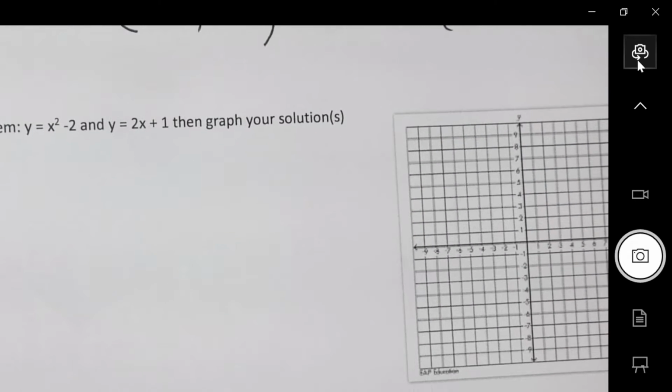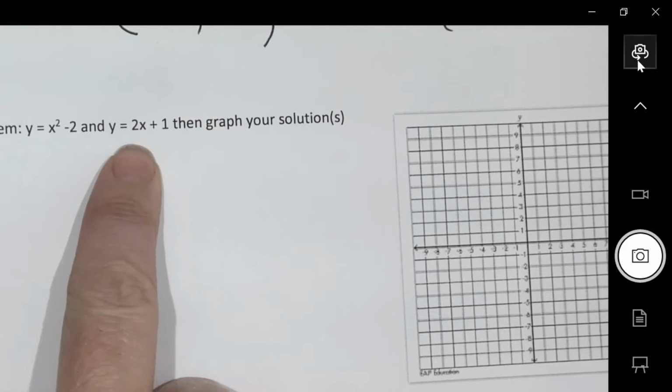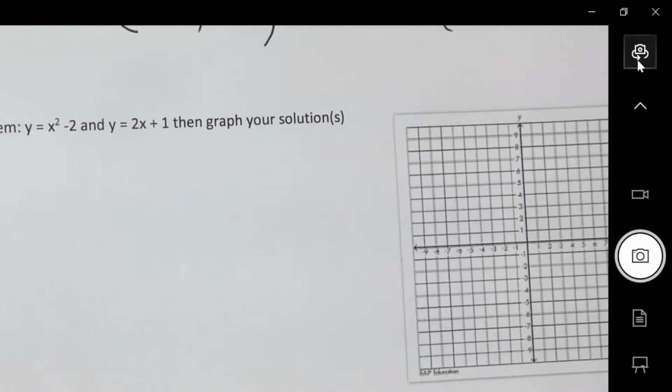Okay, solve this system and then we'll graph it. Okay, when I put these together, what would you like me to do? We have elimination or substitution. Doesn't matter to me, you pick.